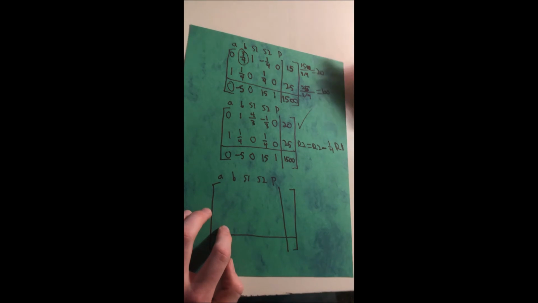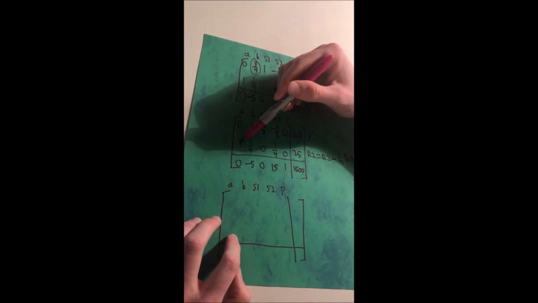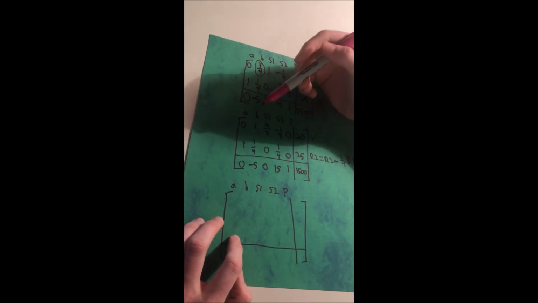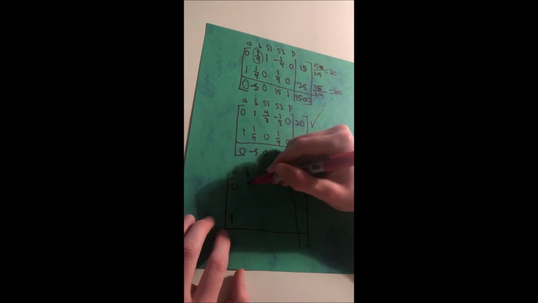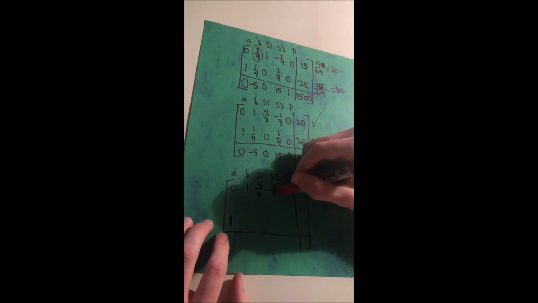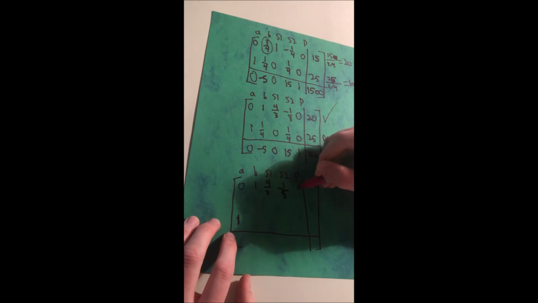So row 2, that's 1, minus 1/4 of 0, which is 0, so 1 minus 0 is just 1. We can fill in our first row numbers because they're all good: 0, 1, 4/3, negative 1/3, 0, and 20.